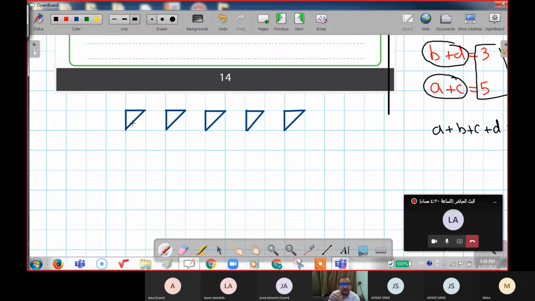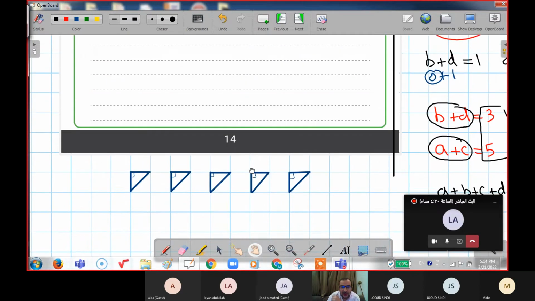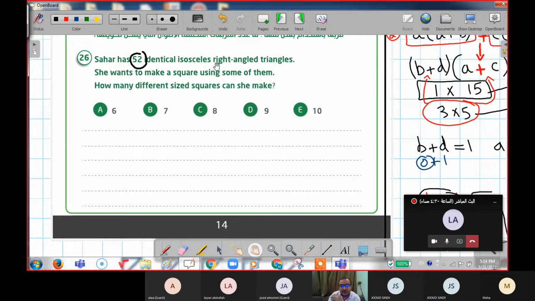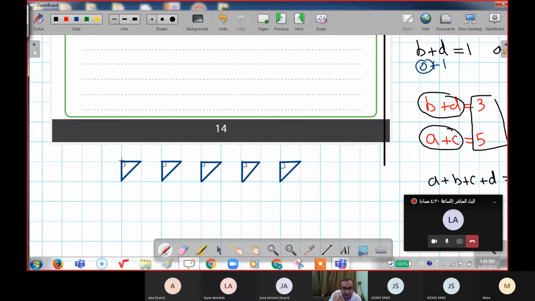Of course, this is isosceles because we have two equal sides, and this is a right triangle because we have 90 degrees here. So, Layan, how many right isosceles triangles does she have? 52. So she has 52 triangles of this form, right isosceles triangles.